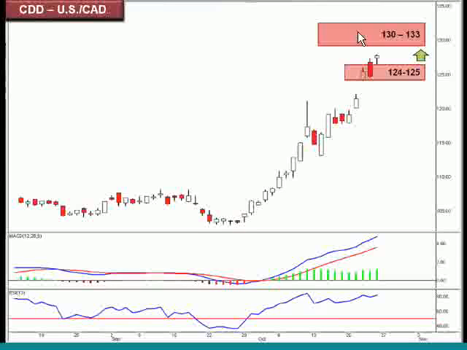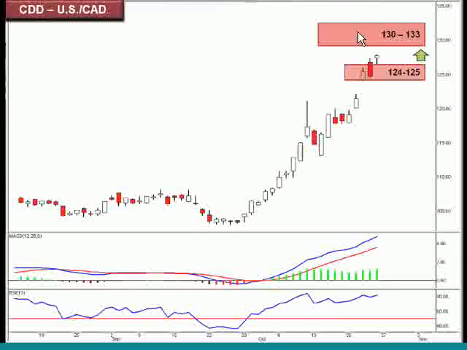So to reference what Steve was mentioning with respect to options being expensive and the idea of using spreads, we can use these key targets as areas for selling our options as the short leg of the spread.